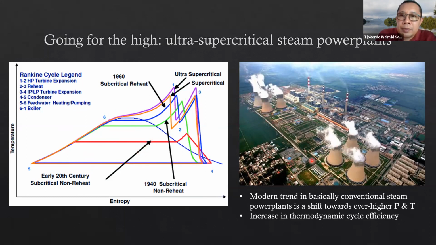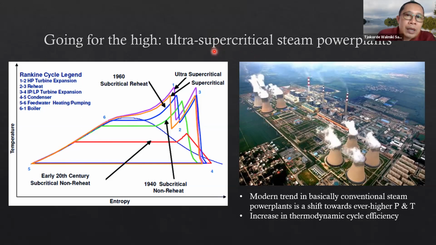This is a large ultra supercritical steam power plant in China. I think right now China operates the most ultra supercritical steam power plants, so effectively their steam power plants are more efficient than Indonesian steam power plants.